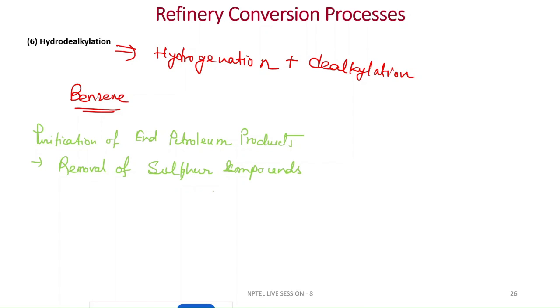These are treated with strong H2SO4 acid or mild oxidants. Catalytic oxidations are also used, and hydrogenation process is also used to remove these sulfur compounds.